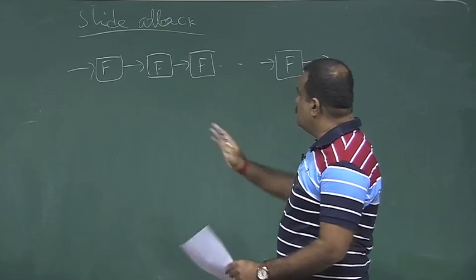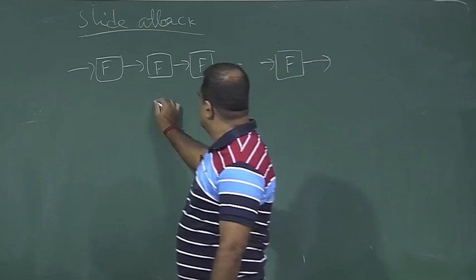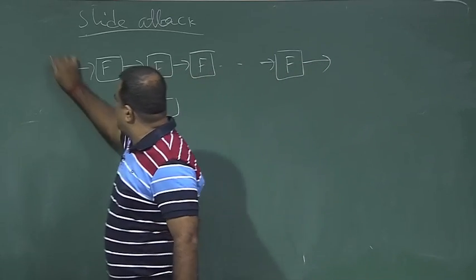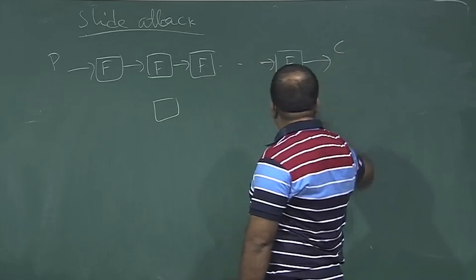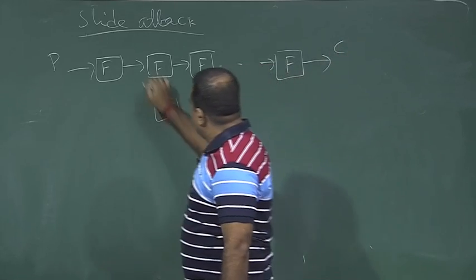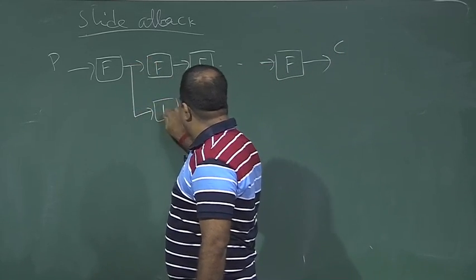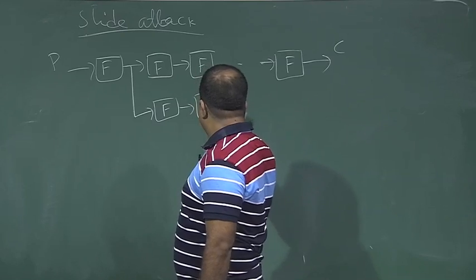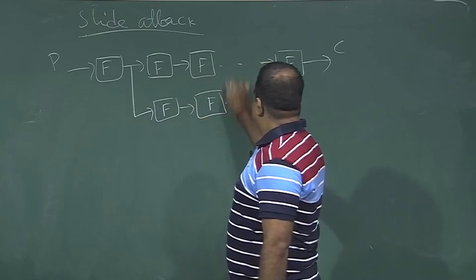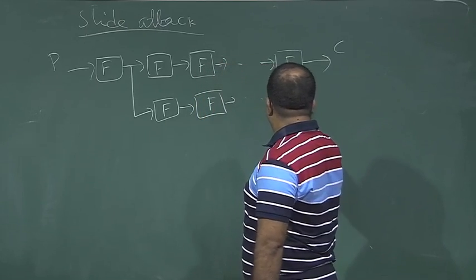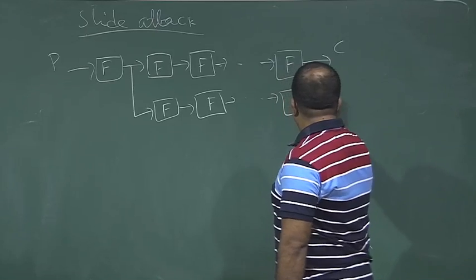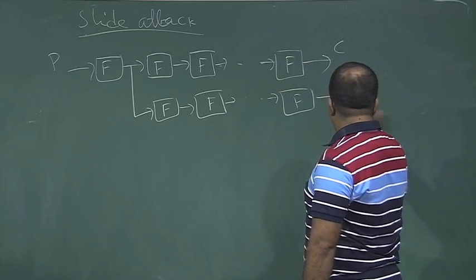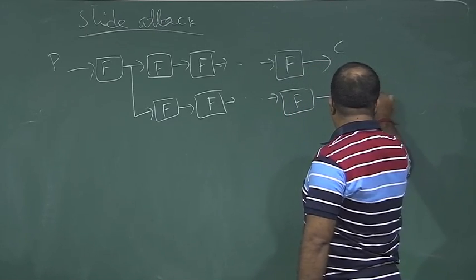Now, what we do is slide this by one position. Suppose this is P, plaintext, and this is C, ciphertext. Now, we take this as the plaintext over here. We slide this structure by one position, so another F must be there.